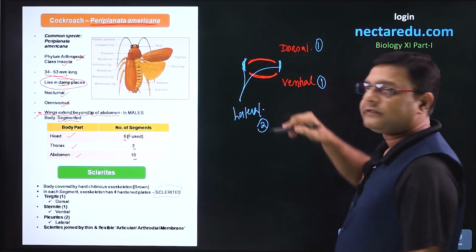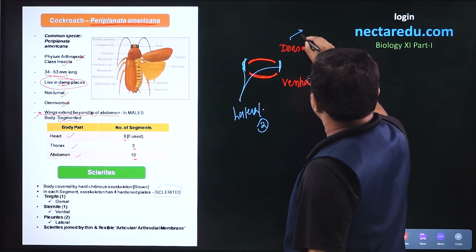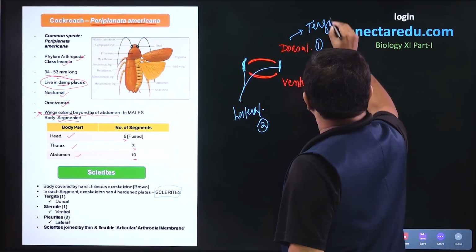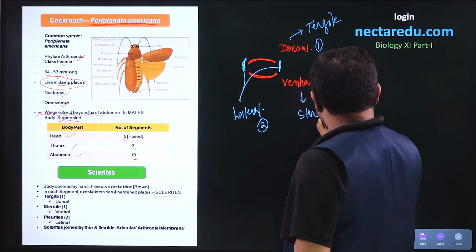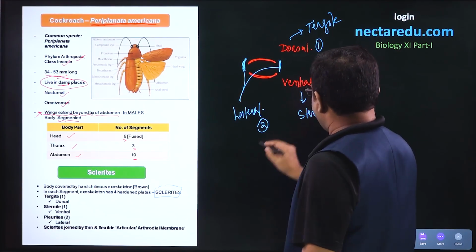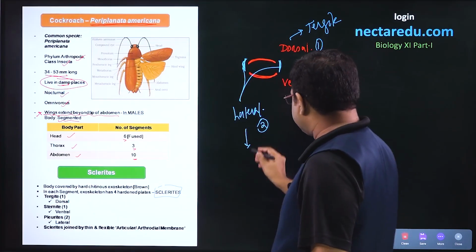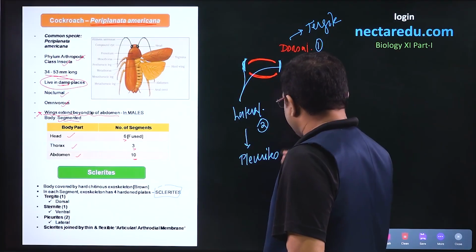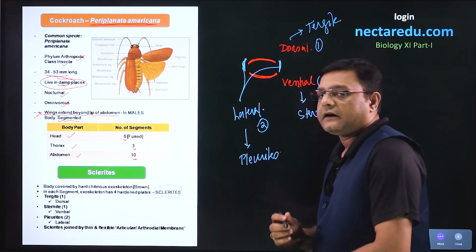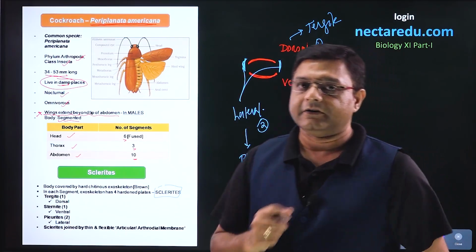Now this dorsal sclerite is called tergite. Ventral sclerite is called sternite, and lateral plates, lateral sclerites are known by the name of pleurites. So these are the 4 types of sclerites.